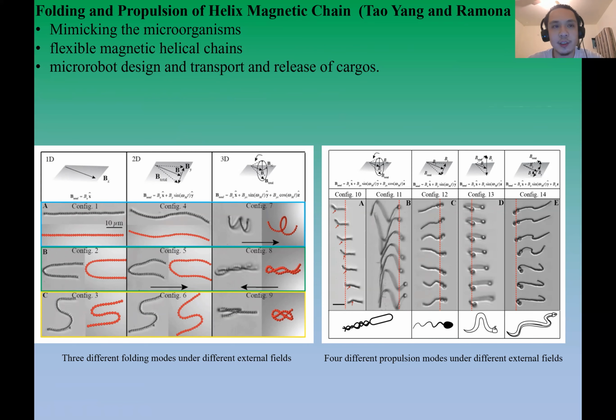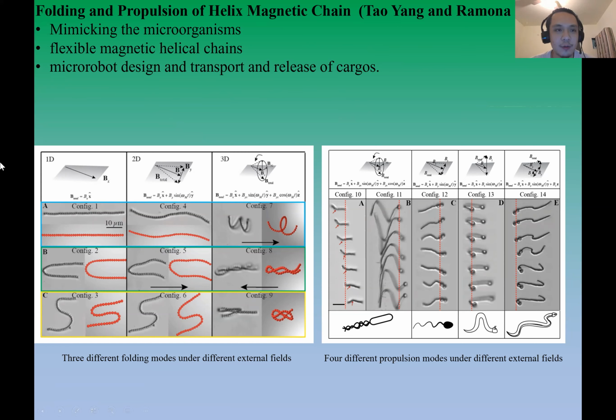So if you design a chain structure, which is like a microorganism's flagellum or a sperm cell, we can utilize the motion of this kind of structure and make it potentially useful for microrobot design, transport, and also release of cargo.